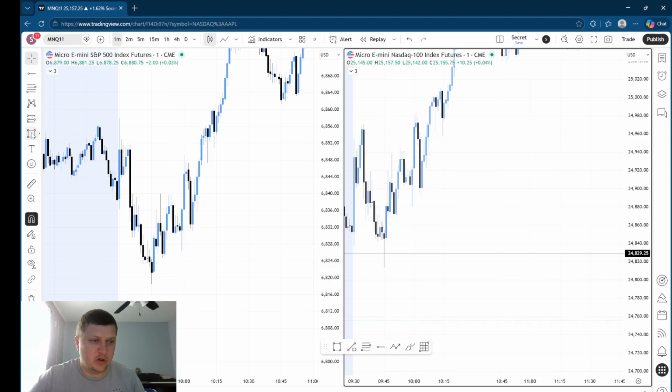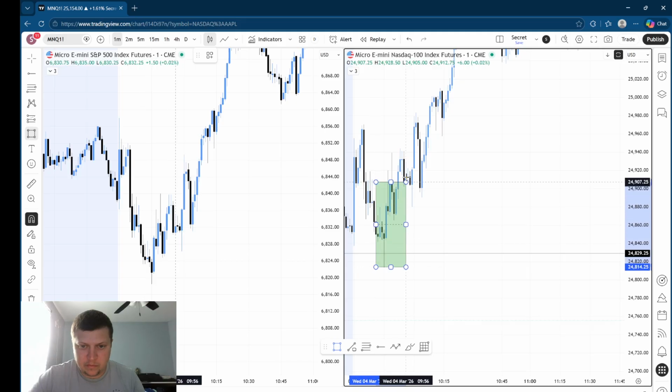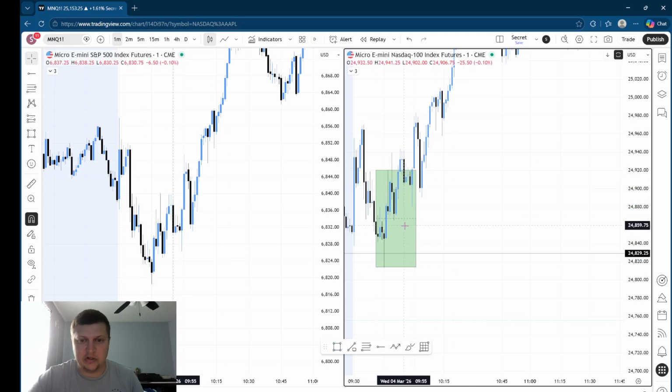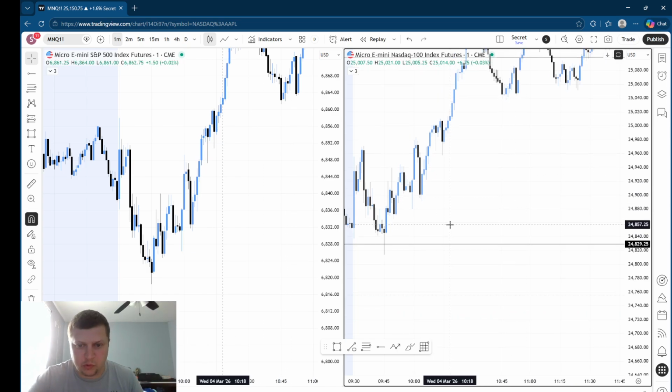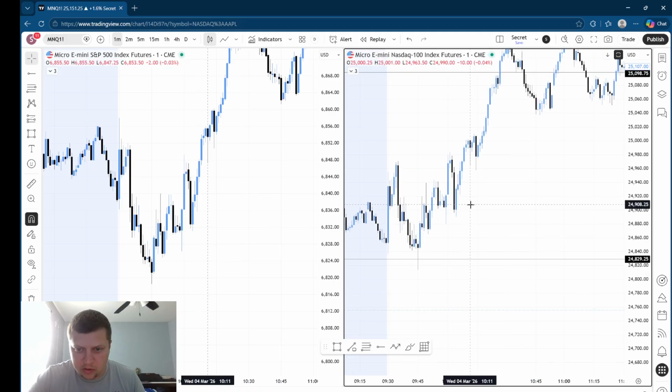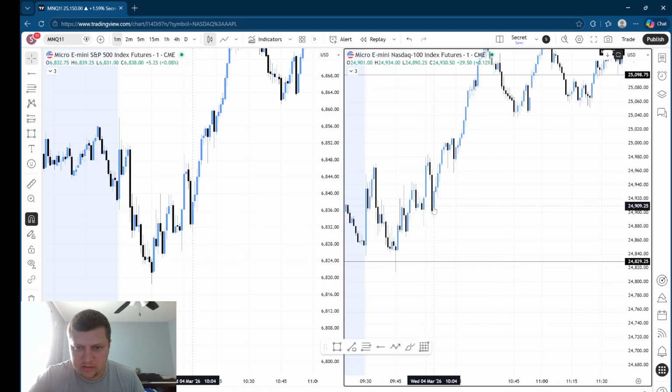I'm looking for equilibrium of this move. On the 5 minute, it was a little cleaner, but we did get equilibrium here. And now I can look for an entry. And I was able to enter on, where is it at? I waited a little bit longer.